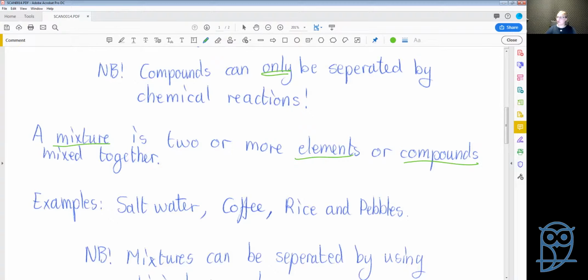Here I need to stop and quickly explain something. Here we go. We get two different kinds of mixtures. We get homogeneous mixtures, and then we get non-homogeneous mixtures.